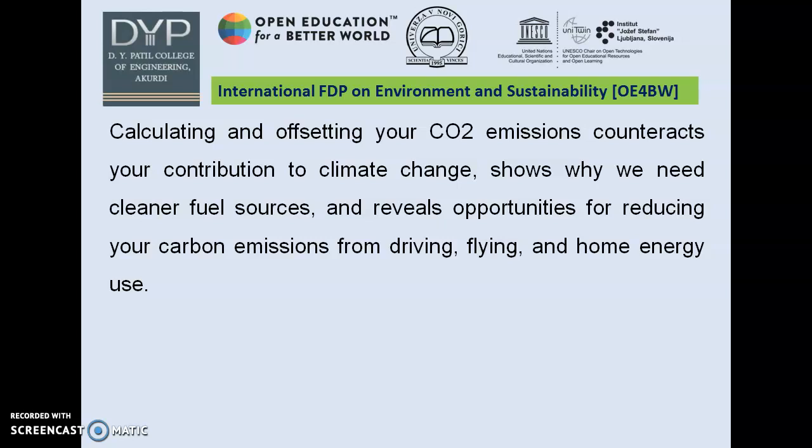Calculating and offsetting your CO2 emissions tracks your contribution to climate change, shows why we need cleaner fuel sources, and reveals opportunities for reducing your carbon emissions from driving, flying and home energy use. Through human activities in everyday life, we emit carbon dioxide by burning fossil fuels in various ways: driving on roadways and railways, flying on airways, and home energy use, consuming electricity.